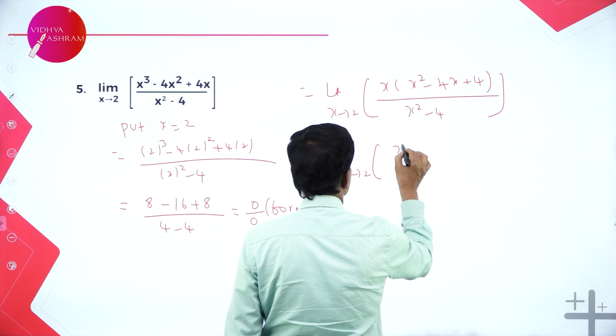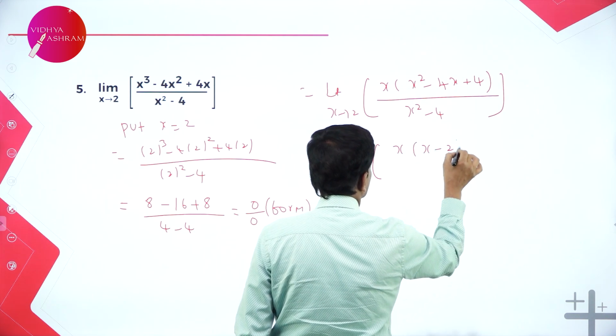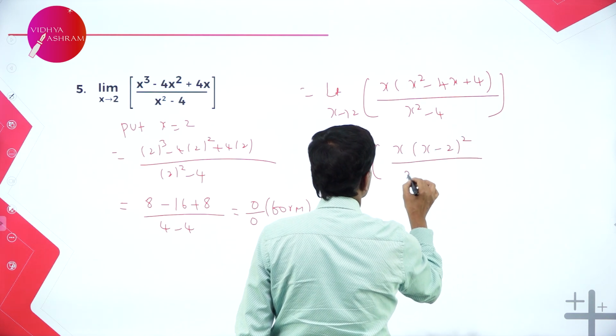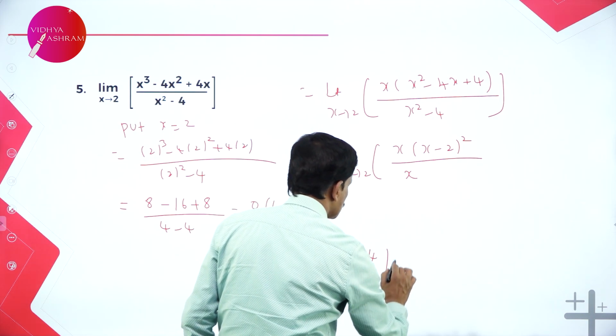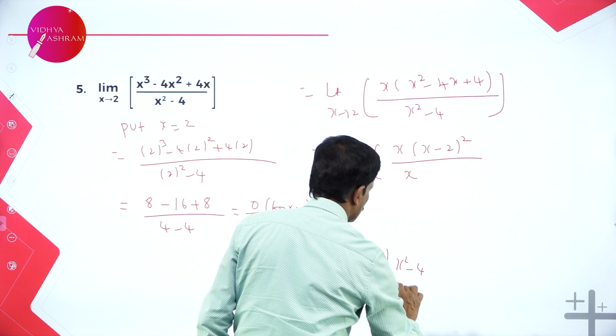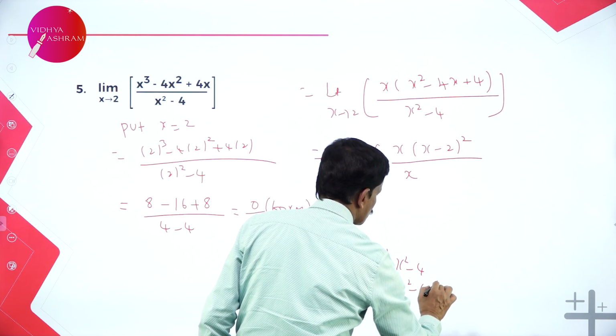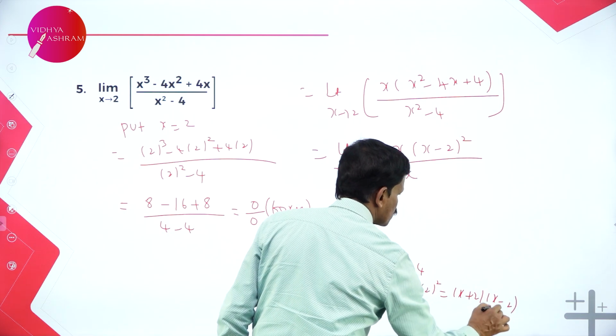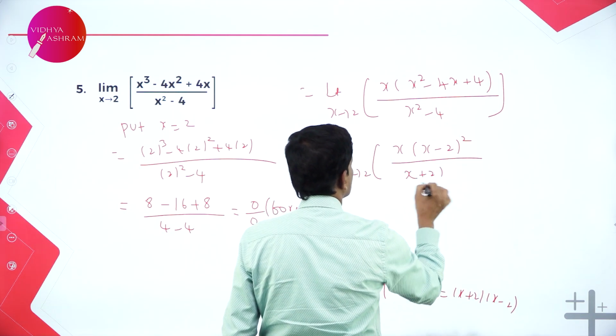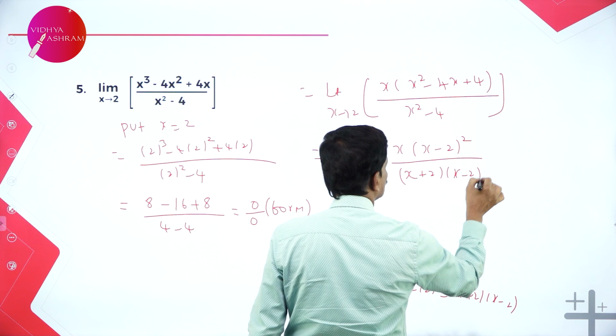So this can be written as x into x minus 2 whole square, divided by, just apply a square minus b square, x square minus 4 can be written as x square minus 2 square. This is nothing but a plus b into a minus b, x plus 2 into x minus 2.